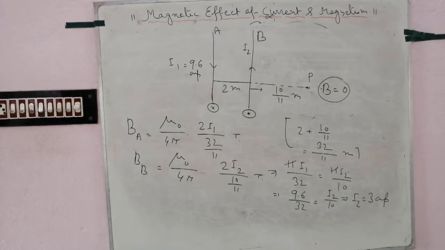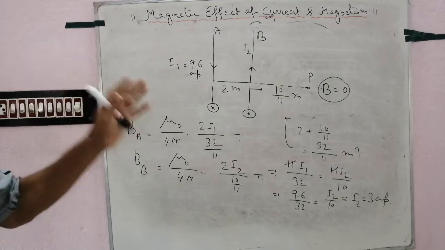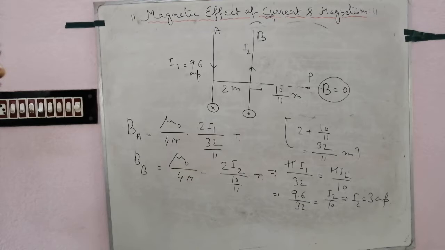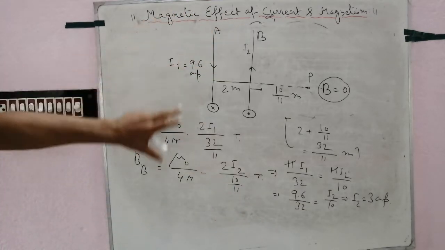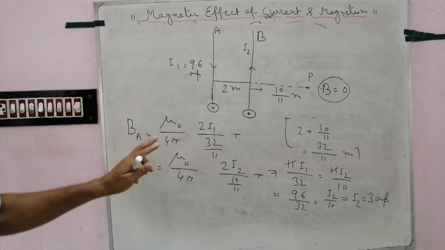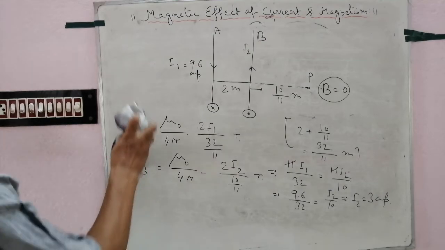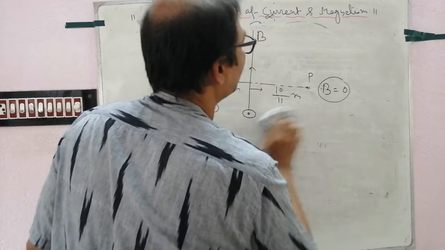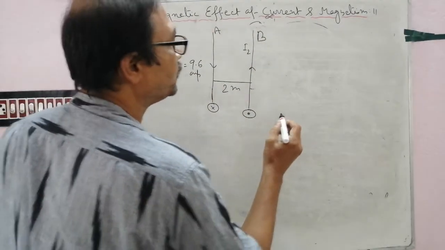Okay, note it. From this problem, another very important fact. This is the question. In a very simple way we can find out, the two wires may be considered infinitely long. For an infinitely long wire, we know the value is mu naught by 4 pi 2I by R. Follow, figure.